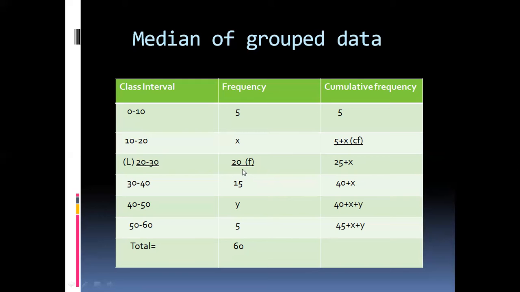In this, this is f, and the lower boundary of the class interval is L. Now the cumulative frequency preceding it is 5 plus x. So f is 20, 5 plus x is CF, the cumulative frequency, and the lower boundary is 20.